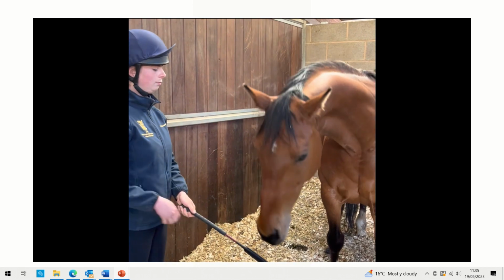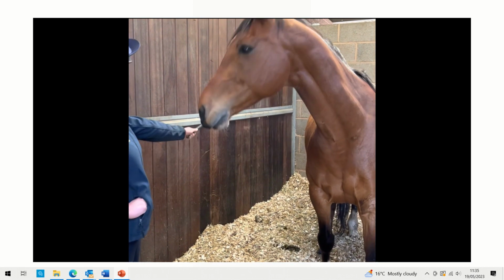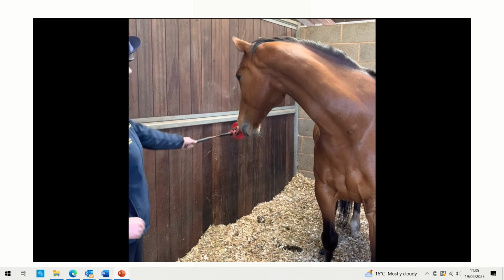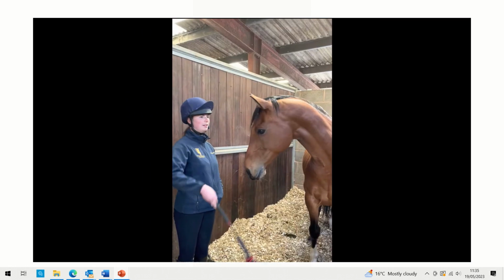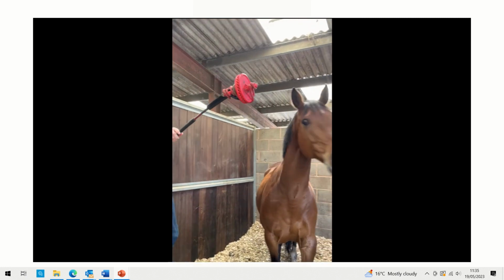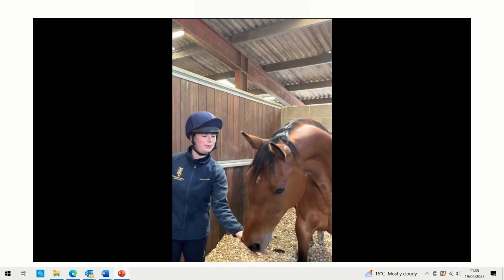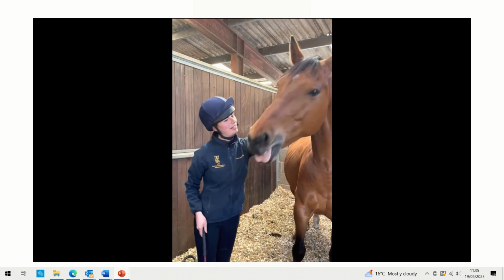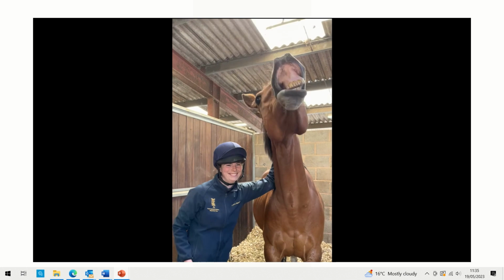What would be good for him to develop this further would be bringing the target round to his side like this, but further to get him to stretch, which would be really beneficial for him, especially as he's currently being rehabbed for kissing spines. So this would be a use of clicker training and target training that would actually benefit him.